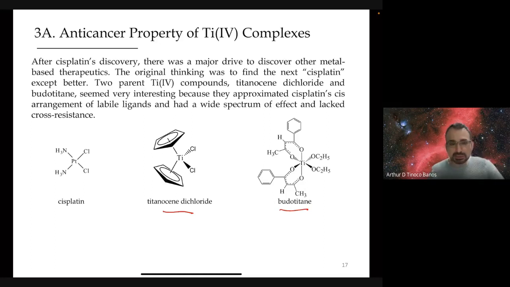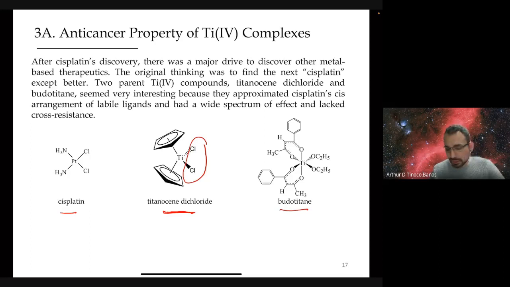So for instance, this compound, titanocene dichloride, in a very general way, mimics some of the features of cisplatin in that you have this cis dichloro feature that potentially is able to rapidly dissociate and enable some of the properties for titanium that platinum had.